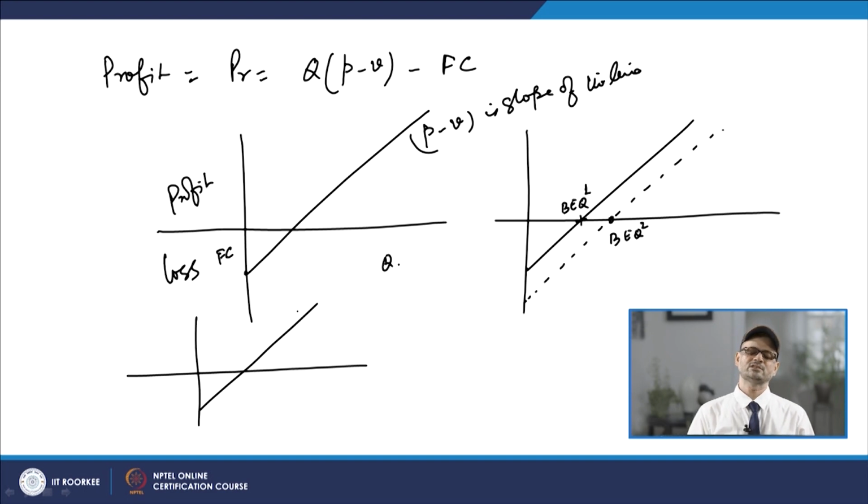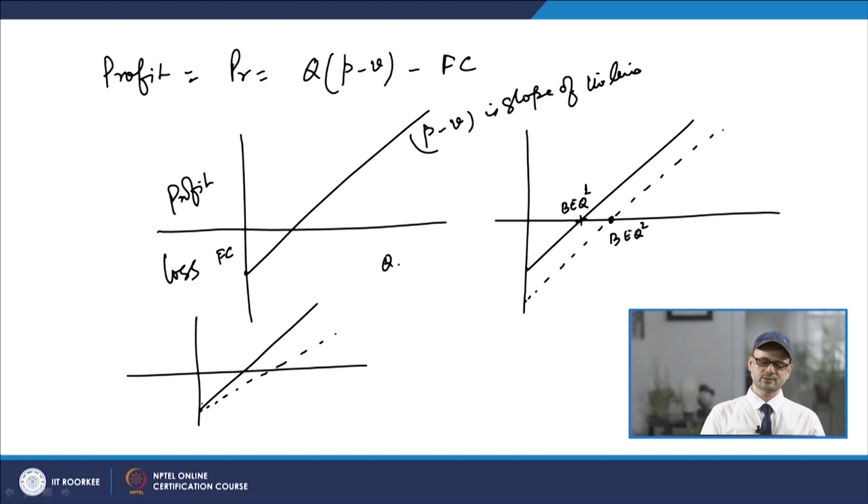Now, either you can increase P or decrease V, so that the slope will increase, or you can decrease P or increase V, so that the slope will decrease. If you are decreasing the slope, it means the variable cost is increasing, or the revenue per unit from the sale is decreasing. In that case the slope of this line will decrease.